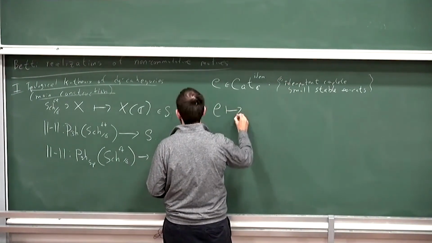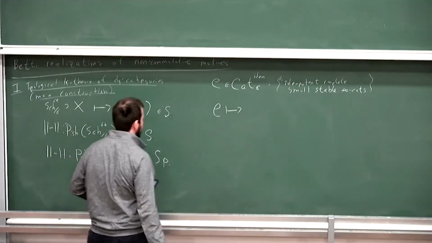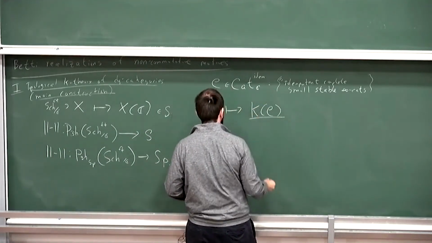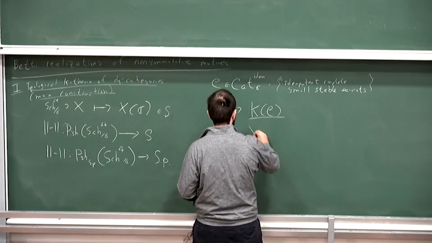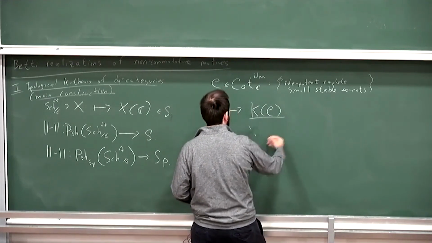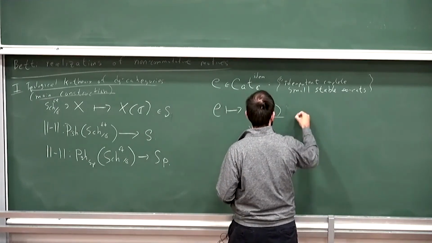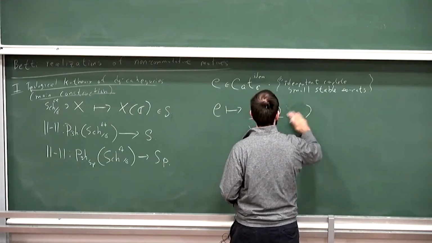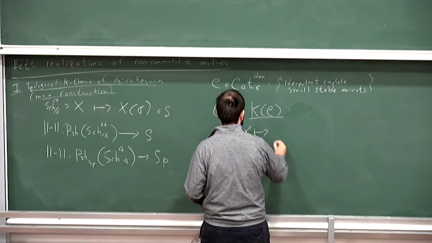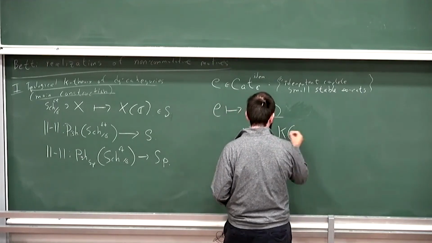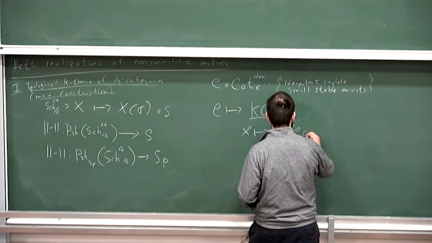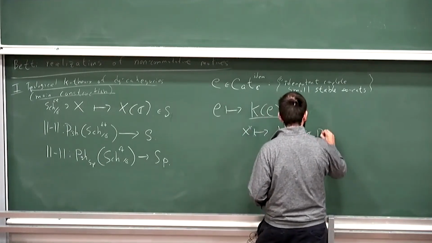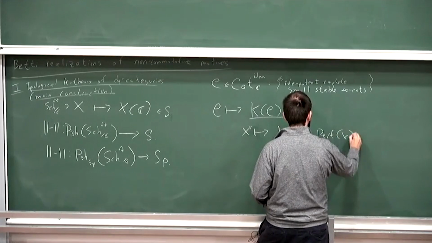We get a presheaf on schemes of finite type. This just sends a scheme X to the spectrum which is the K-theory of C tensor over the complex numbers with perfect complexes on X.